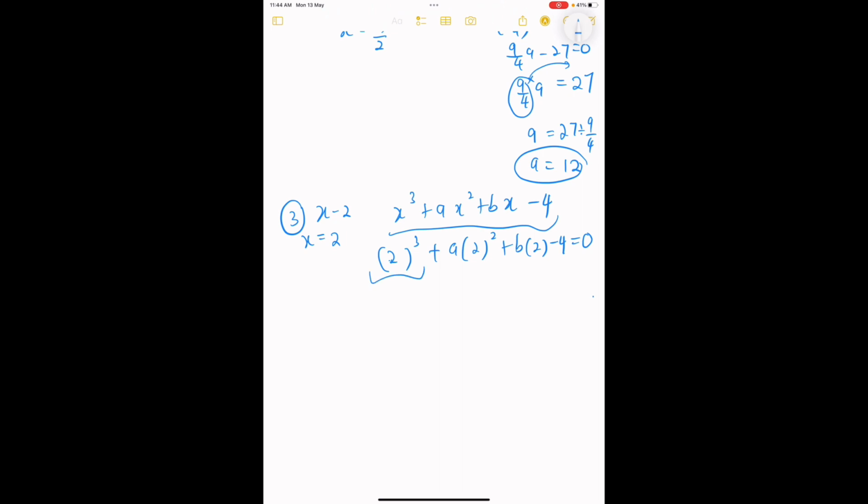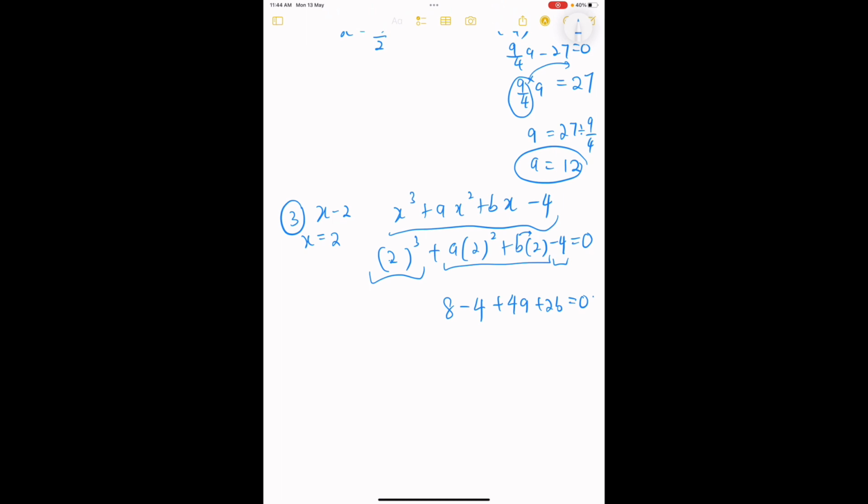So you solve every number. It gives you 8 minus 4. A times 2 squared is 4a, and then b times 2 is 2b, equals 0.